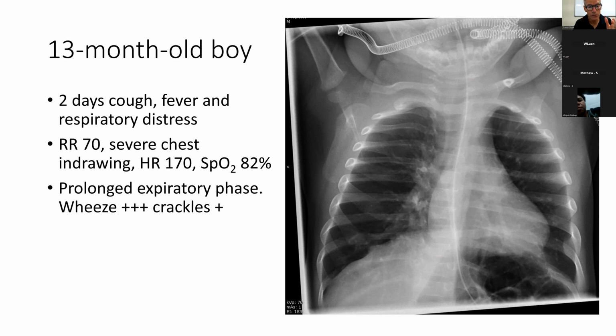In those circumstances, if you watch them, they're using their muscles to breathe out. They're having to actively breathe out, not just use elastic recoil of their lungs like we normally do. So what children have a very prolonged expiratory phase and need to use their muscles to breathe out?